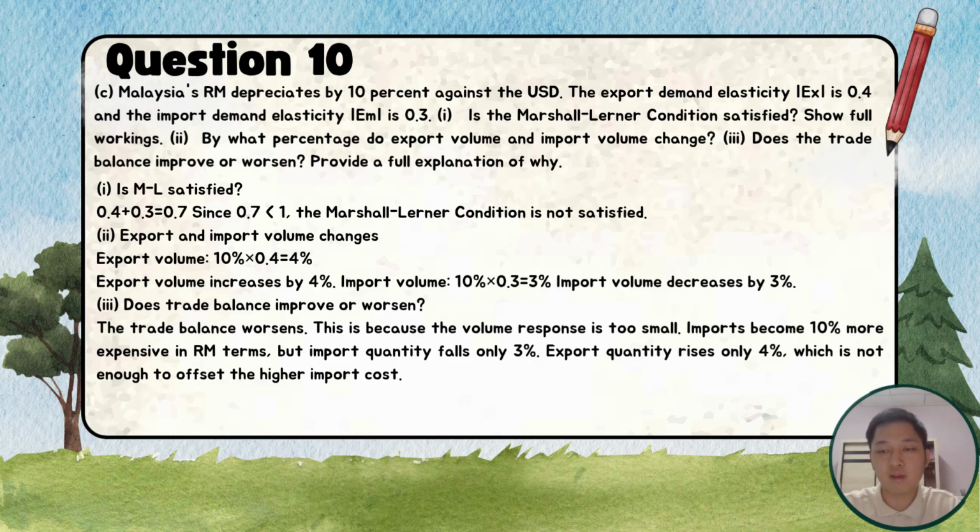Imports become 10% more expensive in RM terms, but import quantity falls by only 3%. Export quantity increases by only 4%, which is not enough to offset the higher import cost. Therefore, because the Marshall-Lerner condition is not satisfied, the depreciation does not improve the trade balance.